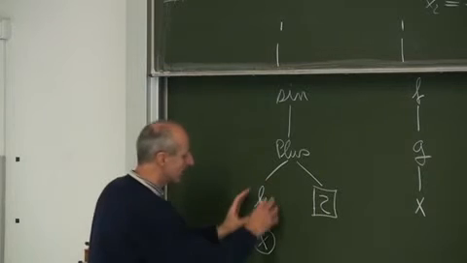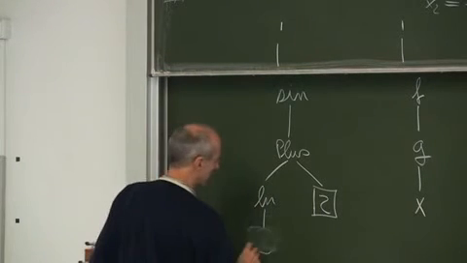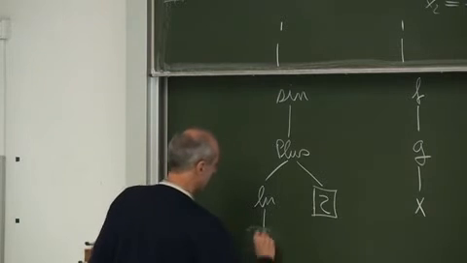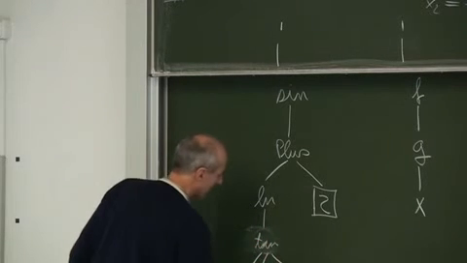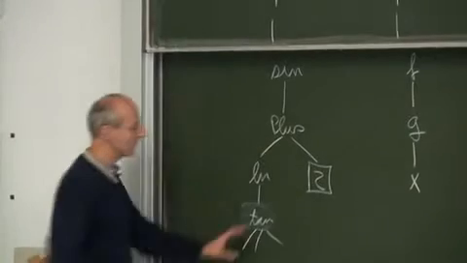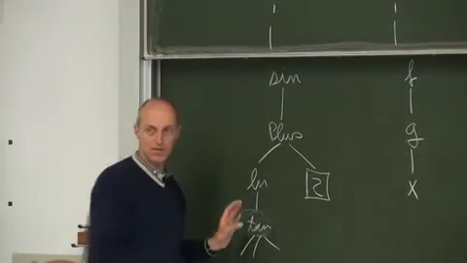There may be here a big subtree. This might be, whatever, let's say the tangent of something, a large tree below. That doesn't matter. Just the top part must match.